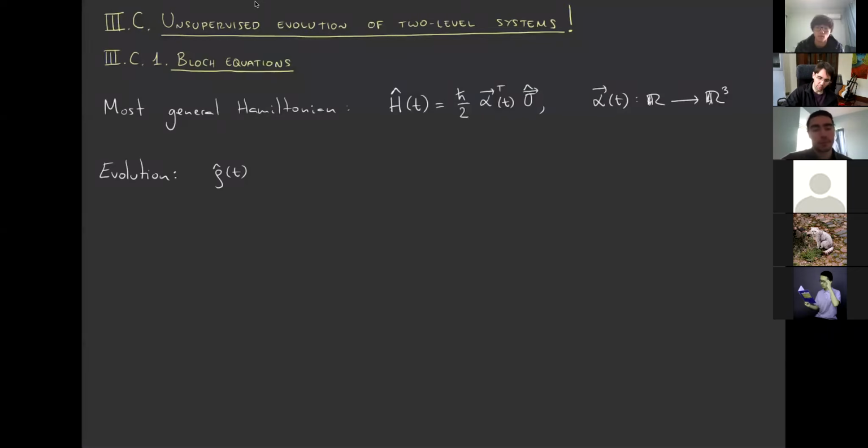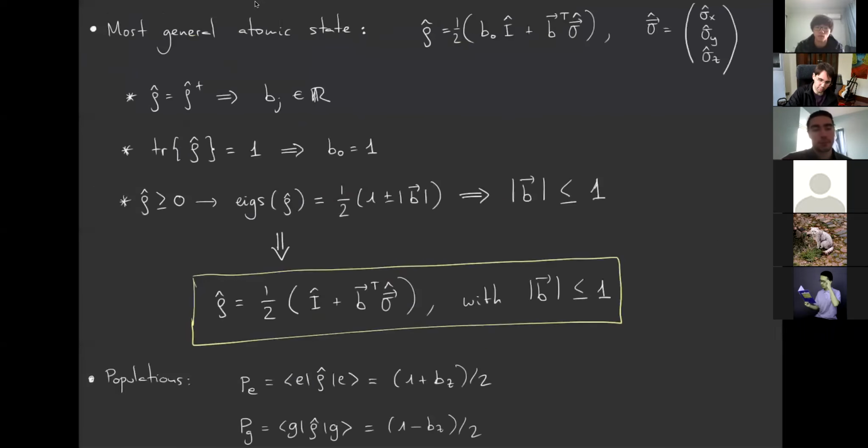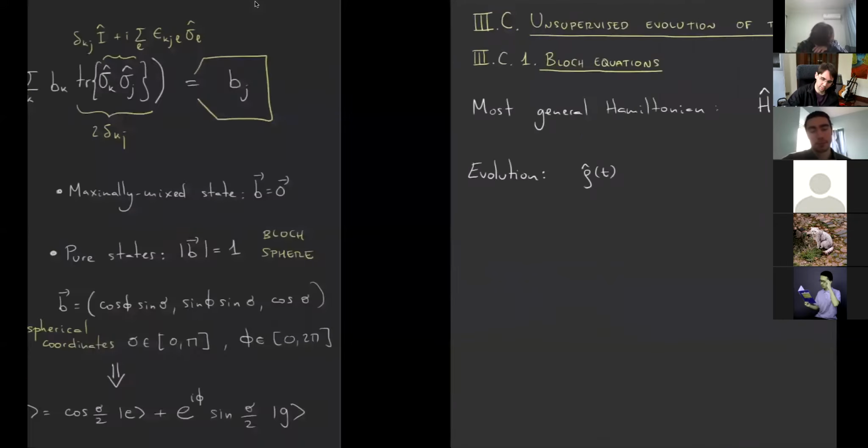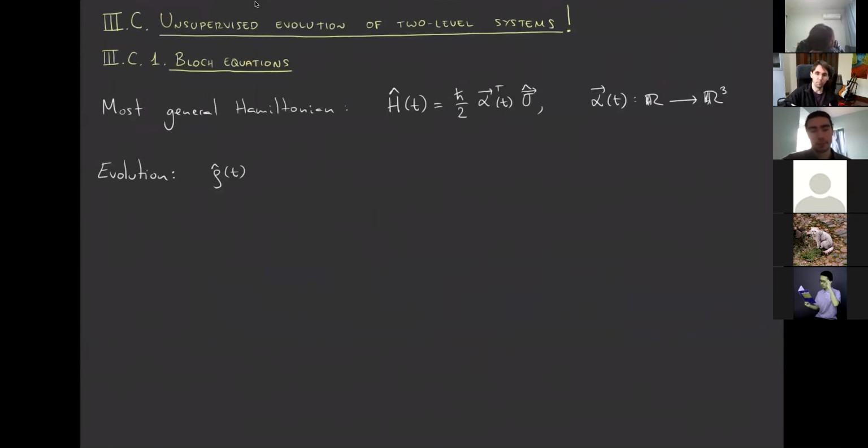But with our parametrization of states, so once you know that any rho can be written in this way, then if I put time dependence on rho, that's equivalent to putting time dependence on the parameters B. So in other words, in Bloch space, time evolution means simply that the coordinate vector B is moving in time.